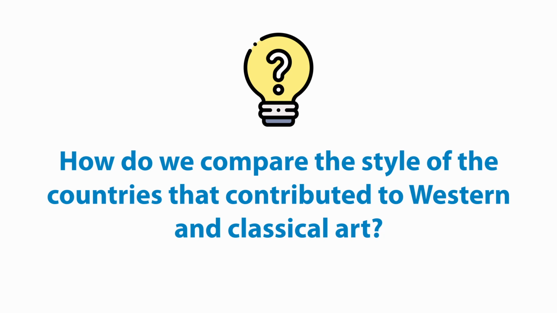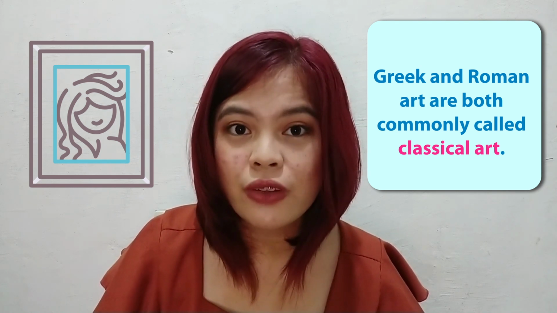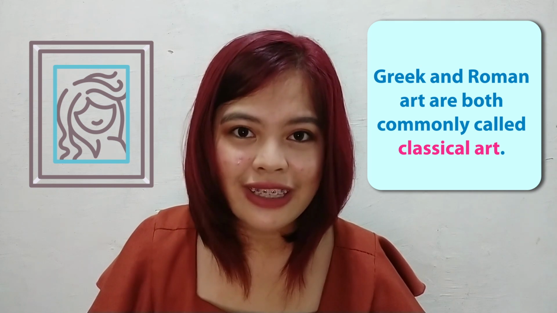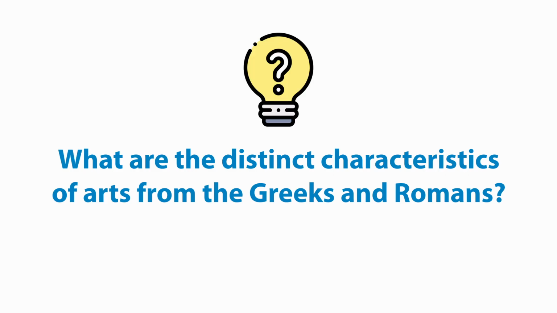Now, let's go back to our questions earlier. How do we compare the style of the countries that contributed to Western and classical art? Greek and Roman arts are both commonly called classical arts. To compare their ideal differences, Greeks were interested in ideals, while Romans were interested in reality. What are the distinct characteristics of arts from the Greeks and Romans?